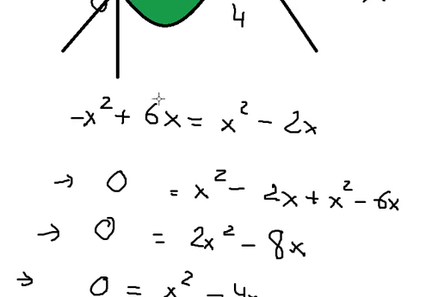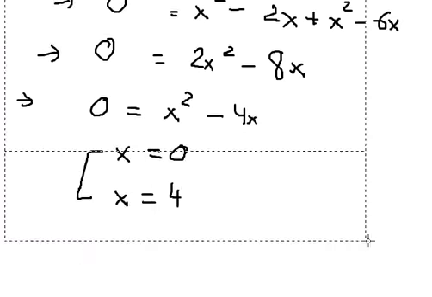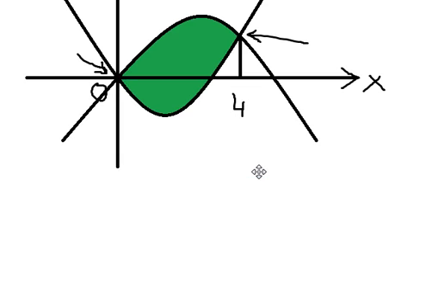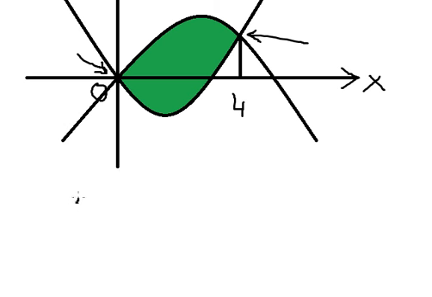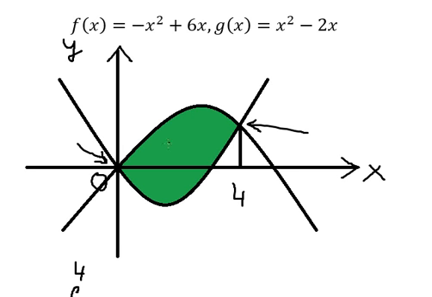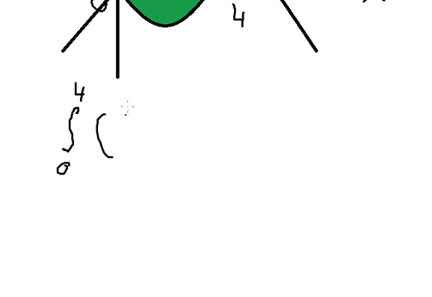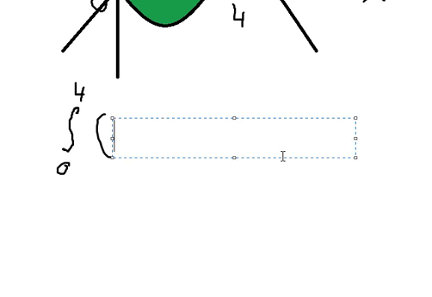And now we can set up the integration. So we know that we have the integration from 0 to 4. To calculate this area, we need to use upper minus lower.